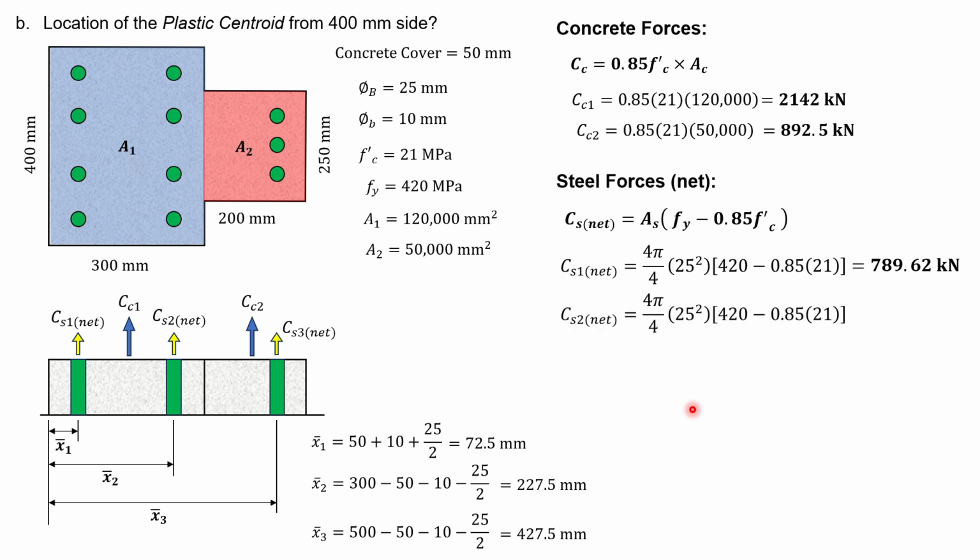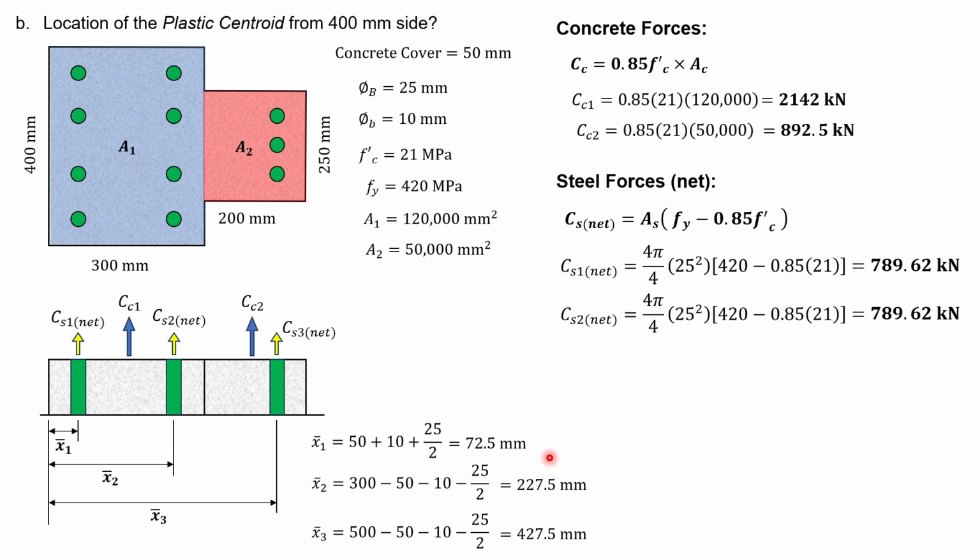Next, for the C sub S2 net, we also have 4 main bars here. Magkamukha rin, 25 mm parehas. Kaya, ang C sub S2 ay simply equal to the C sub S1, which is also equal to 789.62 kilonewton.